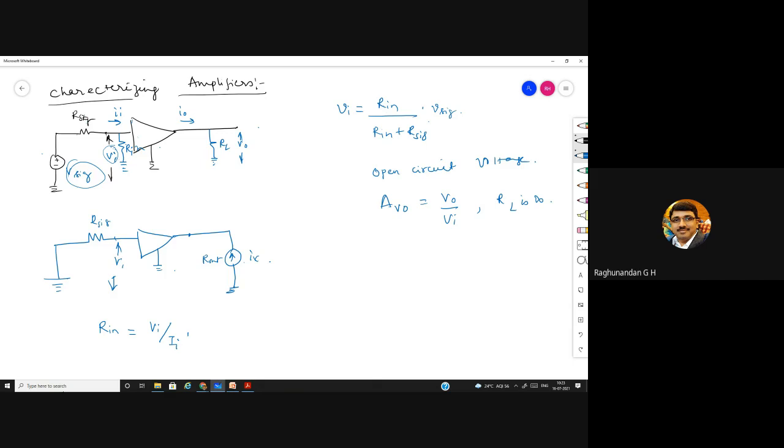And also to find the output resistance. See, these are all external resistances which are connected: Rsig, RL, these are all connected externally. But we need to find the effective resistance offered by the input and the output of the op amp. How much resistance is it offering? It is just like telling a man's ability is this much, his resistance power is this much.